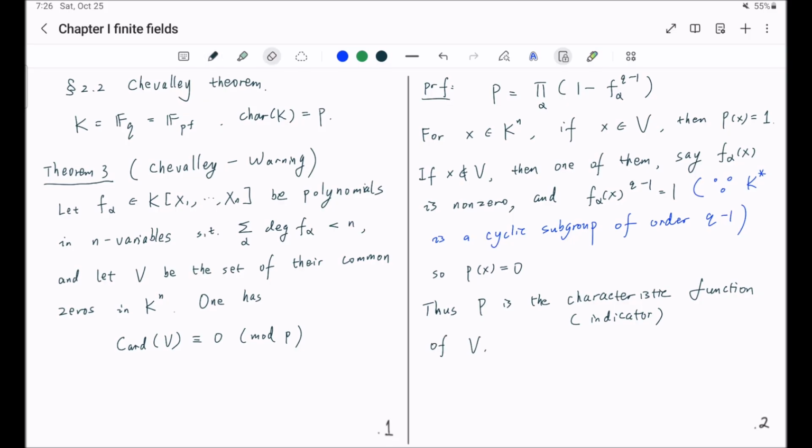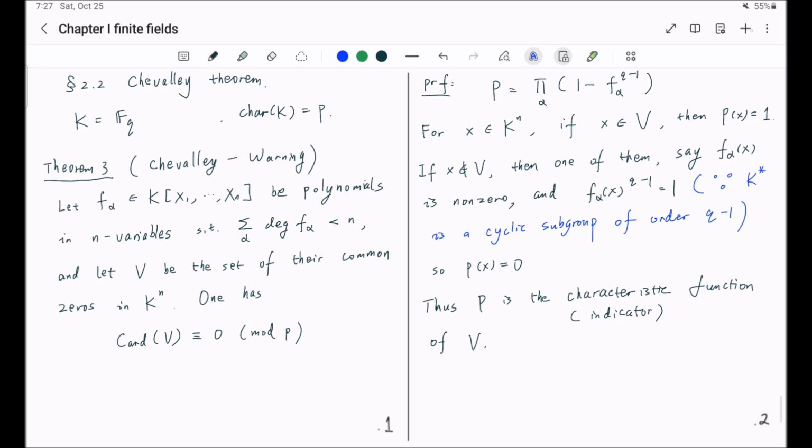Now I just realized that this little f might cause confusion with this f because this is an integer and this is a polynomial. So to avoid confusion, let me erase this. You only have to know that q is the power of p, and p is the characteristic of the field K. And now let's continue.